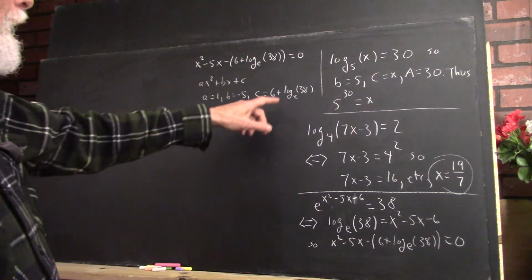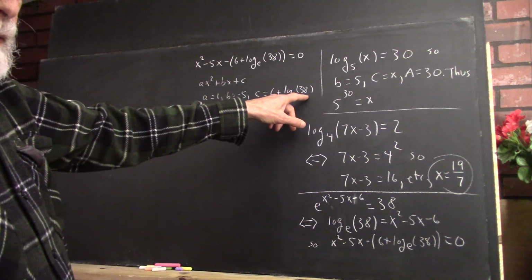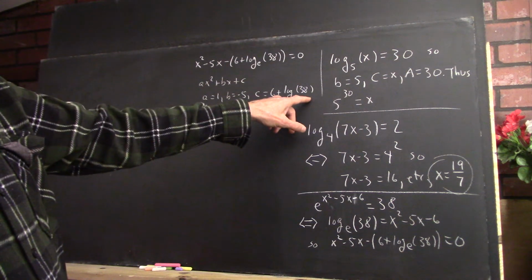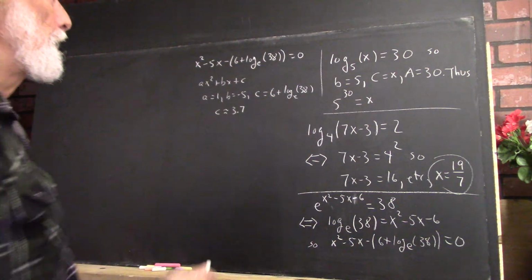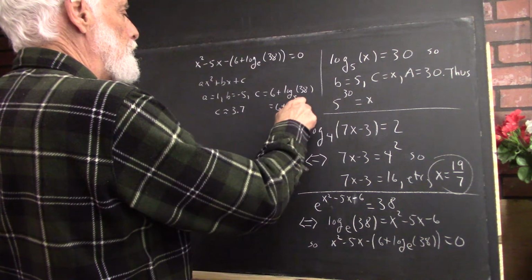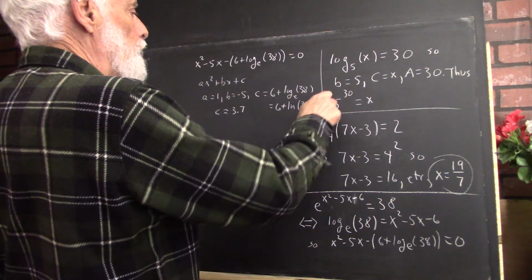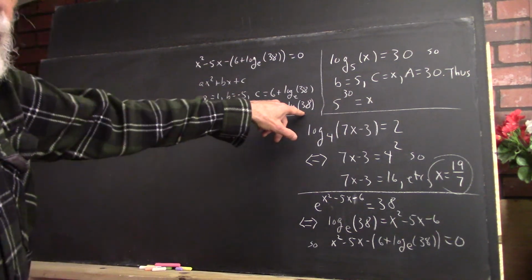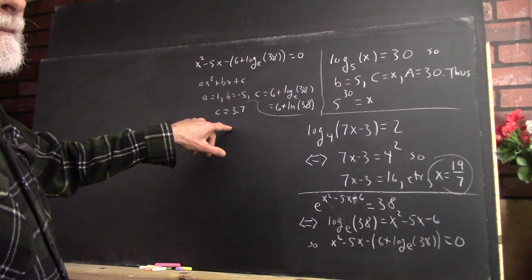Now I've been writing log base e of 38, but log base e is a natural log. Okay, so I can write this as 6 plus natural log of 38, which of course makes it easy to punch into your calculator.